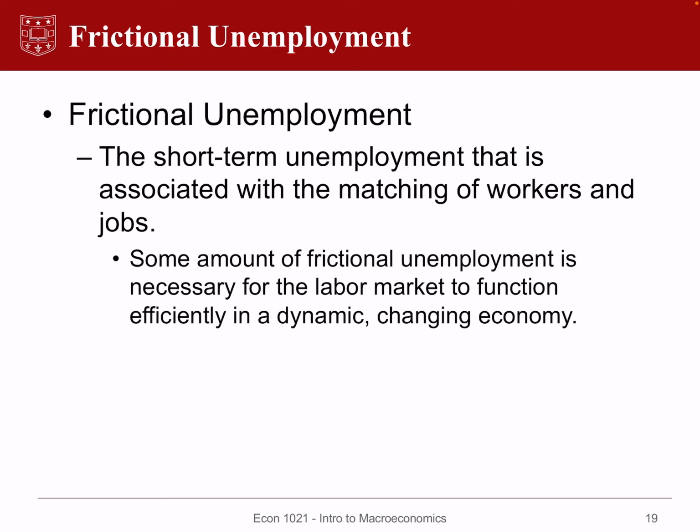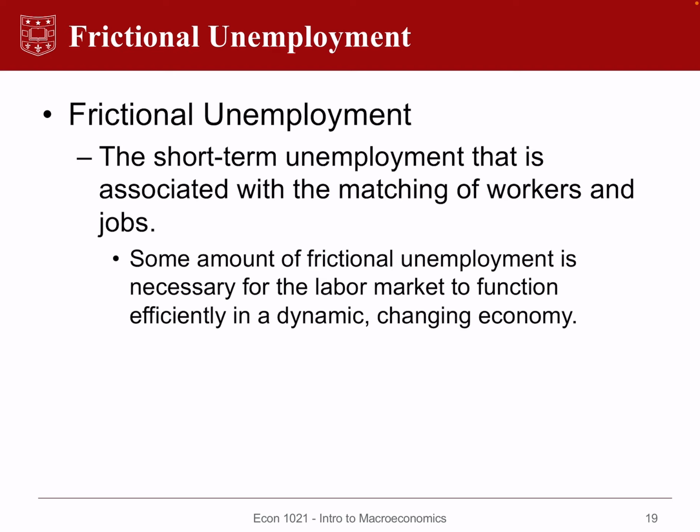The other aspect of this is that while we would, other things equal, like to have less unemployment in the macroeconomy than more unemployment, we also recognize that in a market-based economy, some degree of frictional unemployment is both inevitable, because we can't costlessly or instantaneously match workers and jobs, but it's also good in order to get the most efficient match. So workers and firms are evaluating the marginal benefit of making this employee-employer relationship against the marginal cost.